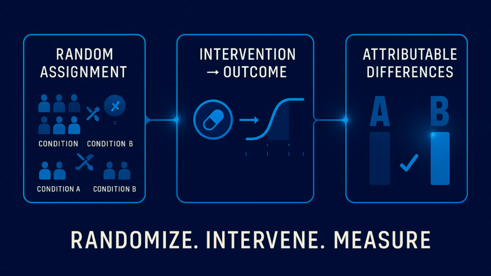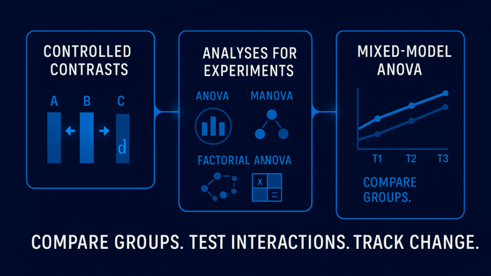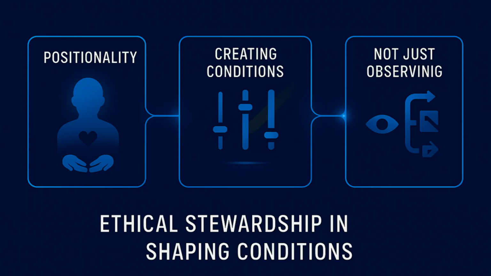The timing follows a clear sequence of intervention and outcome measurement. The data structure expresses controlled contrasts and effect sizes. Analyses that align with experiments include ANOVA and MANOVA for comparing outcomes across groups, factorial ANOVA for exploring interactions among conditions, and mixed model ANOVA for repeated measures. The researcher's positionality here involves ethical stewardship.